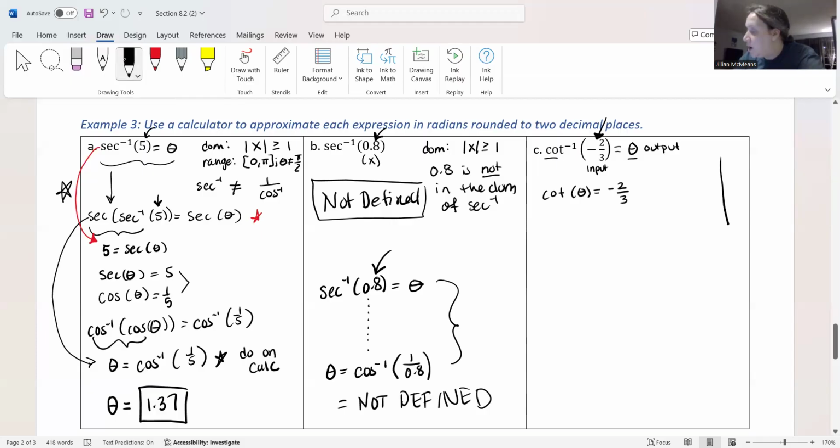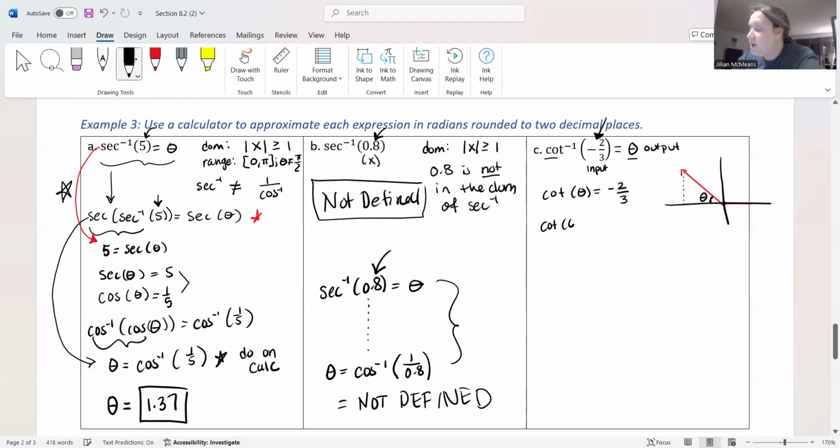Okay, so we're going to draw some angle theta, okay? So we're going to draw some angle theta. It has to live in quadrant 2, okay? And that's going to create some right triangle. We call these reference triangles, okay? So the angle we're going to look at is right here. Now we know the ratio for cotangent of this angle has to be -2/3. So let's think about what cotangent is.